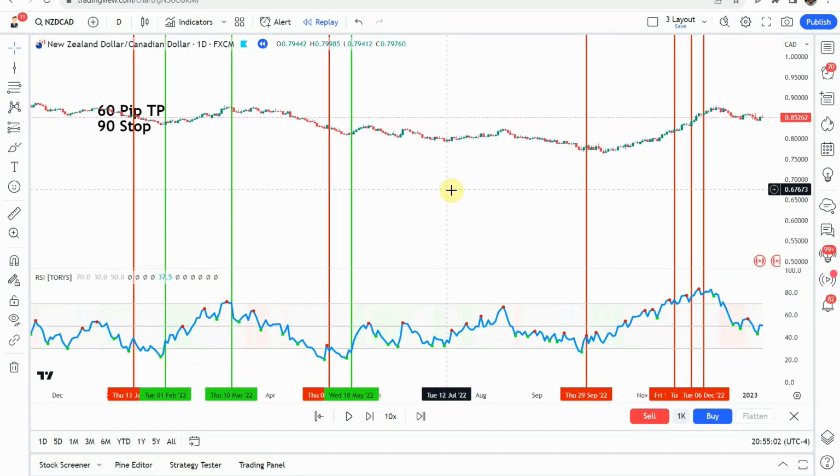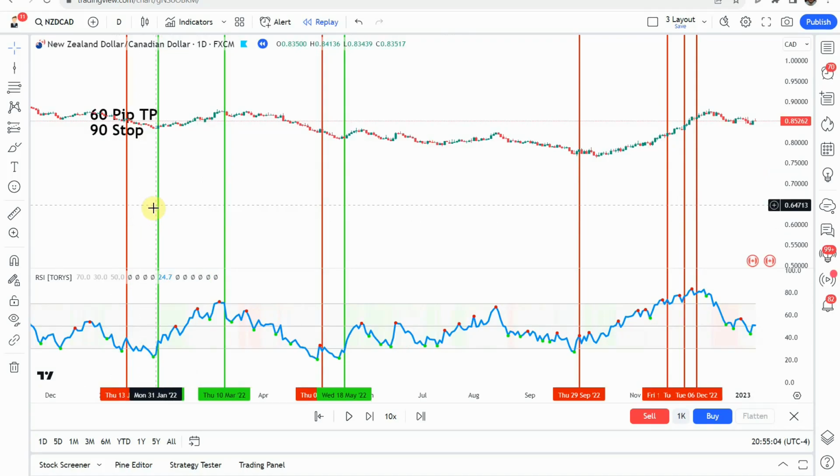Let's go ahead and take a look at our indicator here. Get this scrolled back. Let's go ahead and count it out and see what we have. So 1, 2, 3, 4, 5, 6, 7, 8, and 9. So we have 9 trades within the 1 year's time, and we have 1, 2, and 3 winning trades. And so that is not going to meet the 60% criteria that we are looking for.